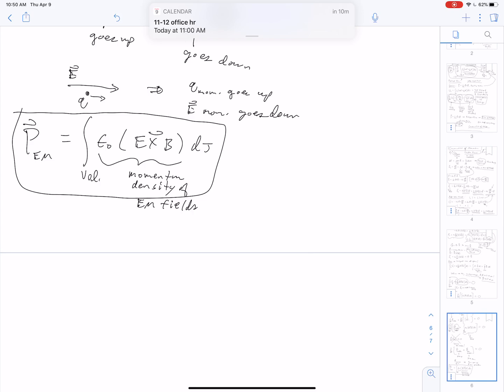And so I can write it like this: I'll call G the momentum per volume, the momentum density of the electromagnetic field, and G is equal to epsilon naught E cross B.